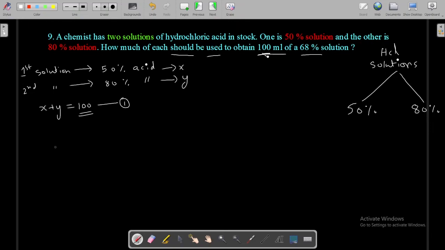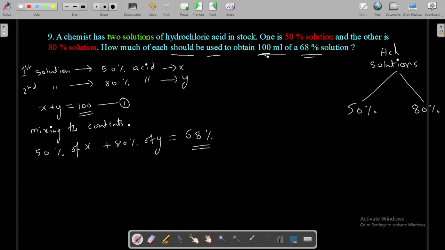So if I am mixing the contents, so what are the contents here? 50% of x plus 80% of y. How much I will get? 68%. Why? Because according to the problem it says it is 68%.